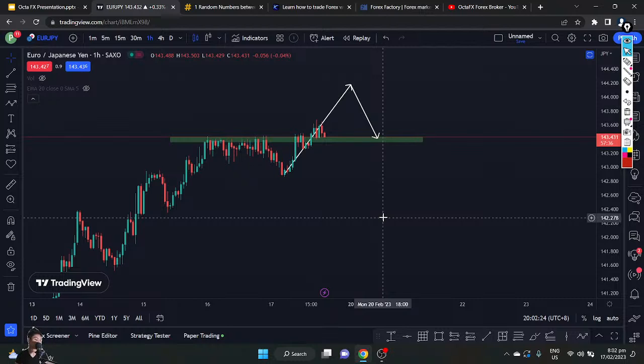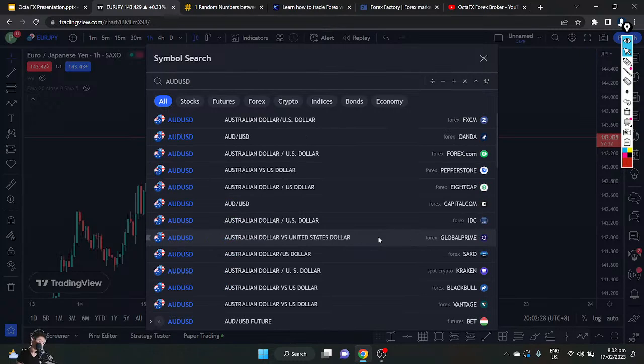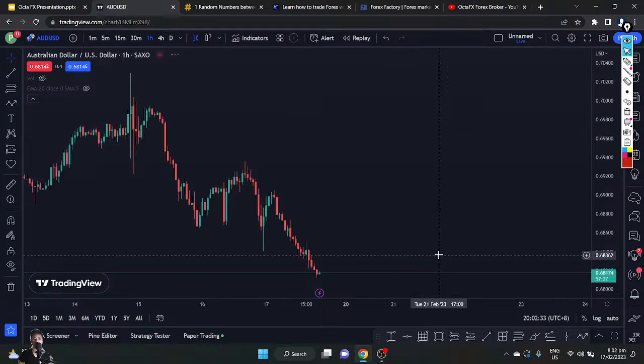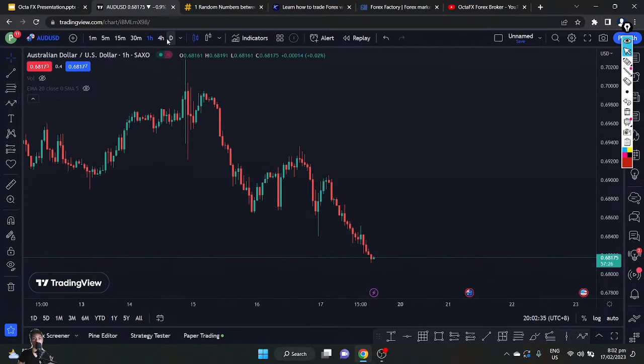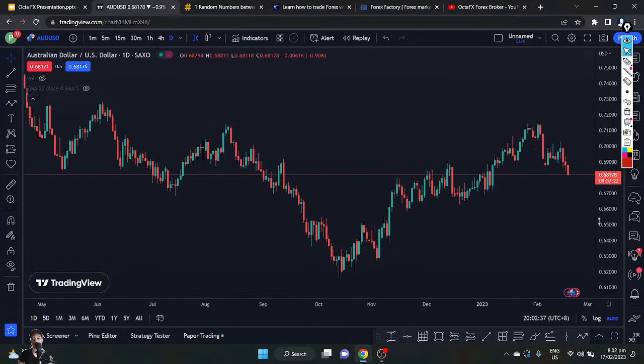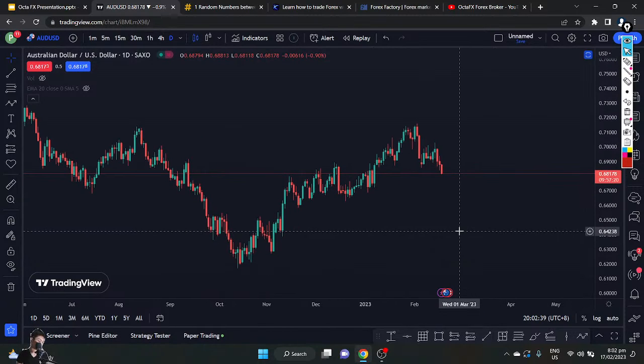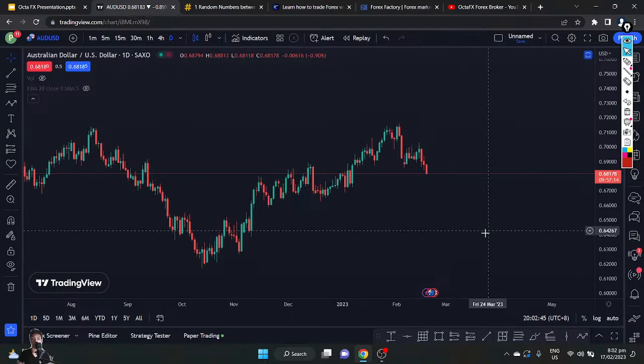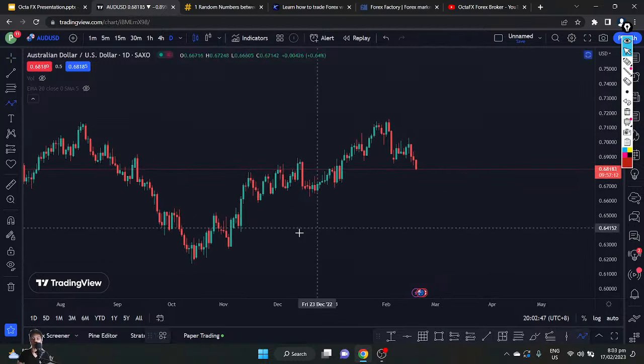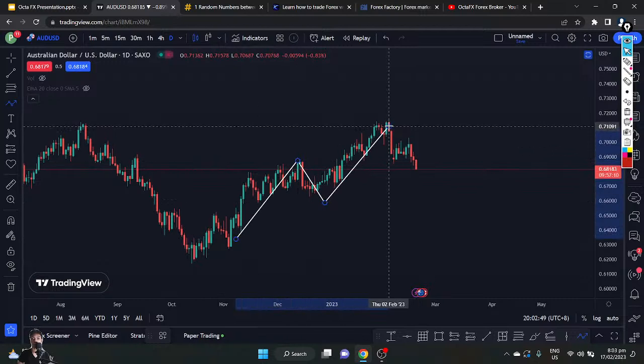Hello, Abdullah. Let me try to look at the Aussie dollar daily structure. As we can see for the Aussie dollar, we have this 1, 2, 3 pattern.